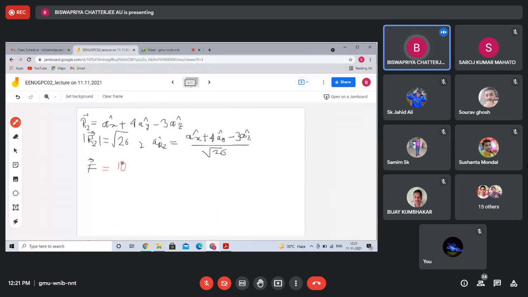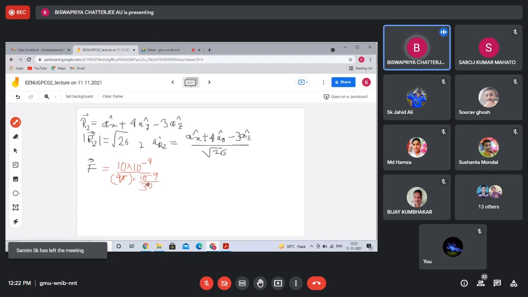So 10 into 10 to the power minus 9 by 4 pi into epsilon naught. Now you see, if you say epsilon naught, it will be 1 by 10 to the power minus 9 by 36 pi.